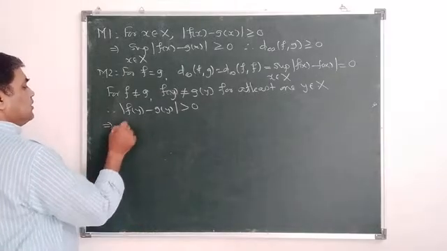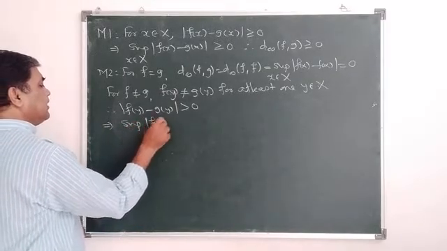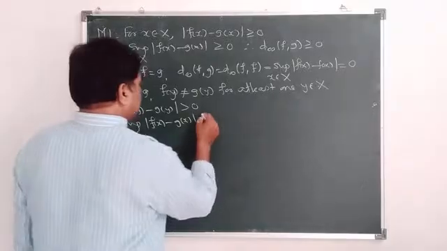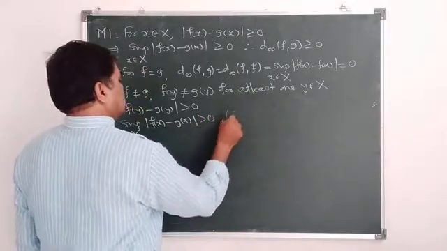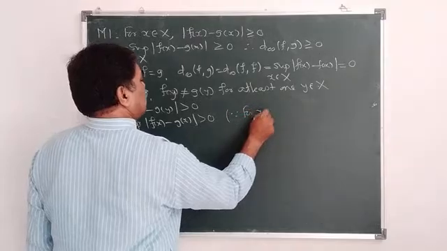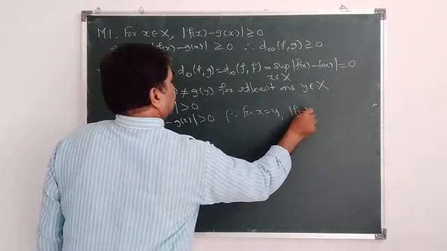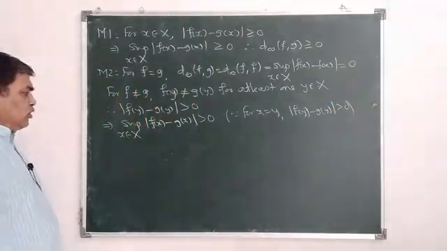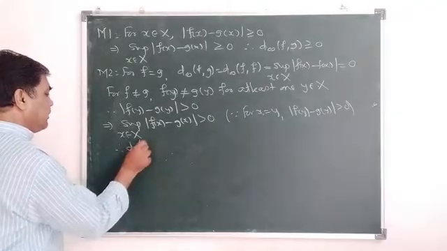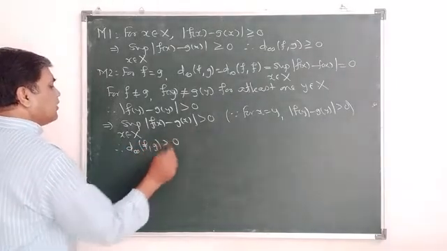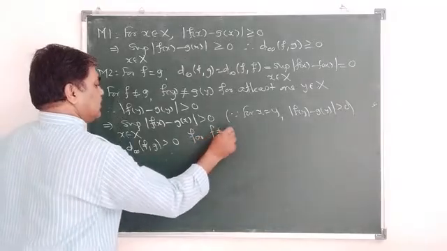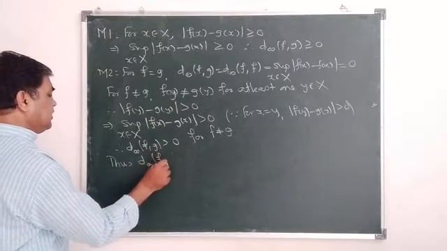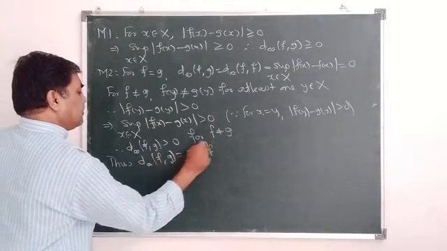This implies the supremum of mod f(x) minus g(x), x belonging to X, must be greater than 0, since for x equal to y, f(y) minus g(y) is greater than 0 and other terms are greater than or equal to 0. Therefore d infinity of (f, g) is greater than 0 for f not equal to g. Thus d infinity of (f, g) is 0 if and only if f equals g.